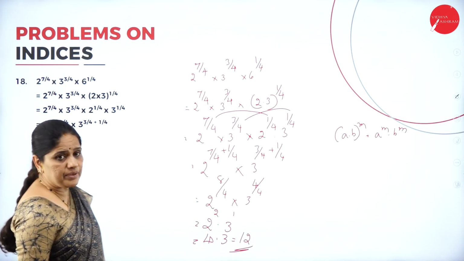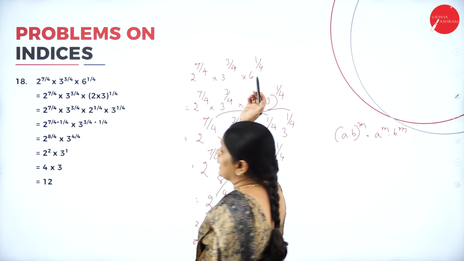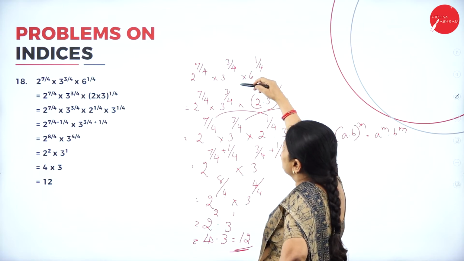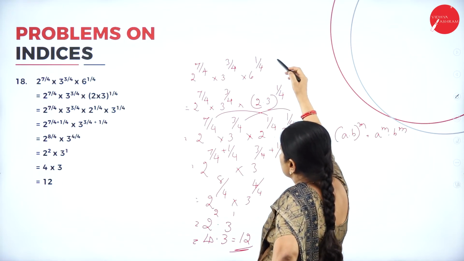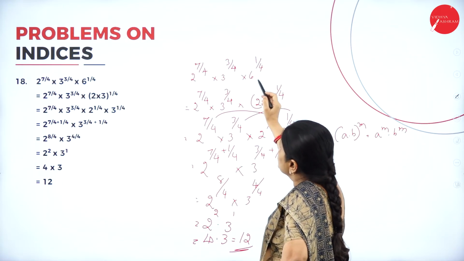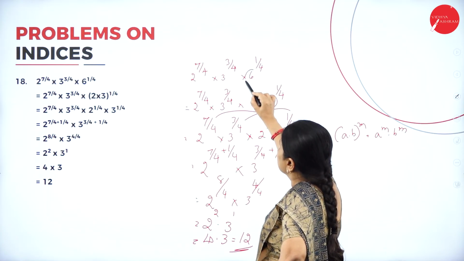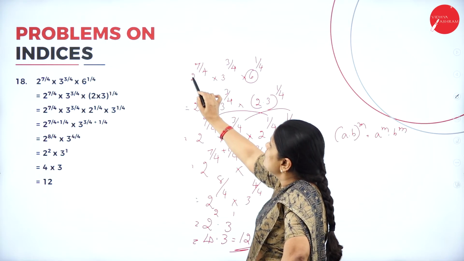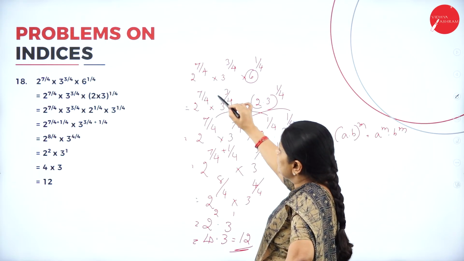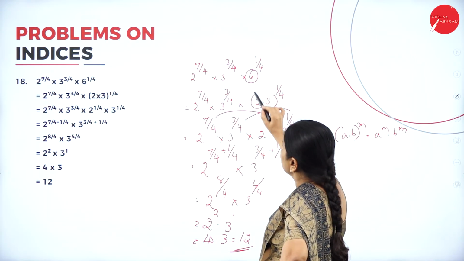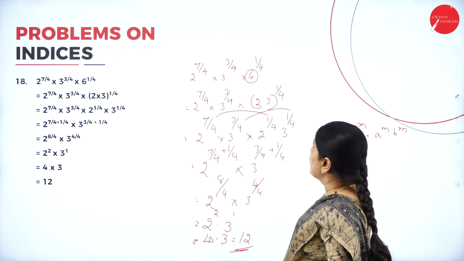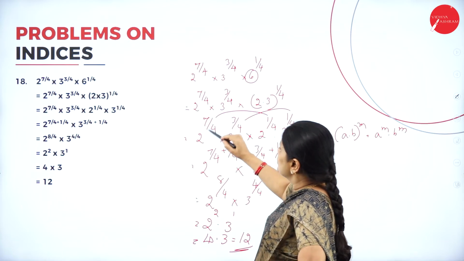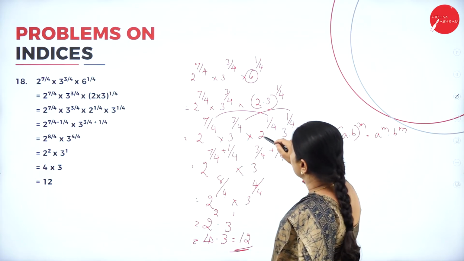So again I am repeating here. Whenever an expression is given like this, 2 to the power of 7 by 4 into 3 to the power of 3 by 4 into 6 to the power of 1 by 4, you try to simplify this number. You try to give it as an expression of 2 and 3. So this 6 I will write as 2 into 3 to the power of 1 by 4.